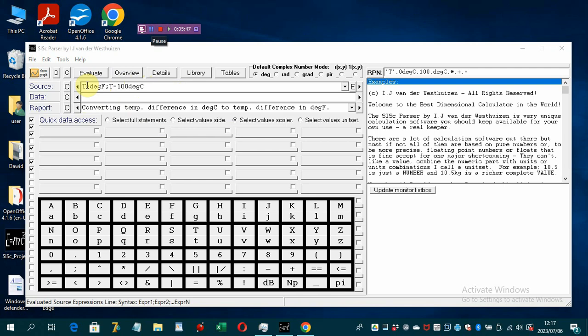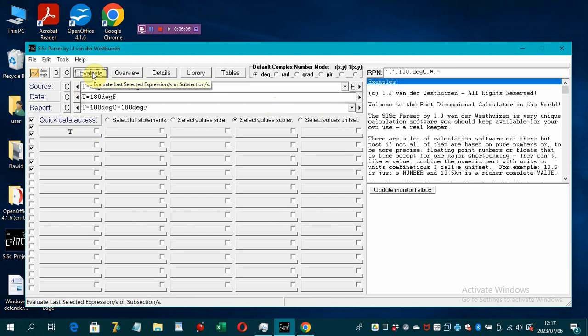Here we convert temperature difference in degrees Celsius to temperature difference in degrees Fahrenheit. Now you see T is degrees Fahrenheit, T equals 100 degrees Celsius relative, and we convert it. So that's exactly 180 degrees Fahrenheit.